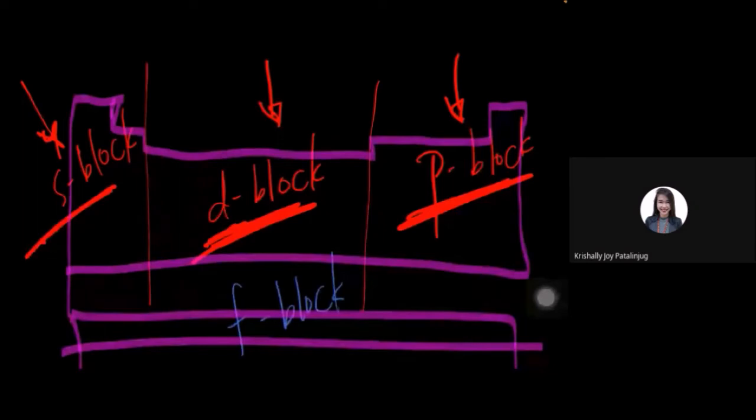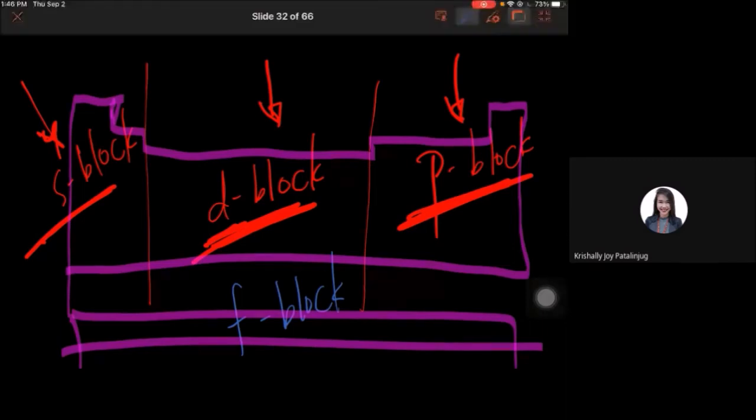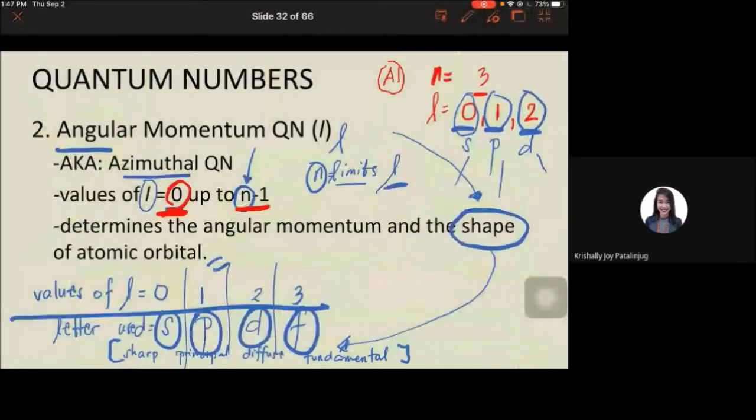So far, dalawa na yung na-discuss natin na quantum number. Una, principal quantum number. Pangalawa, angular momentum quantum number. May I ask you, which of the quantum number ulit ang nagde-describe ng size? Is it 1 or 2? Size of an atom.